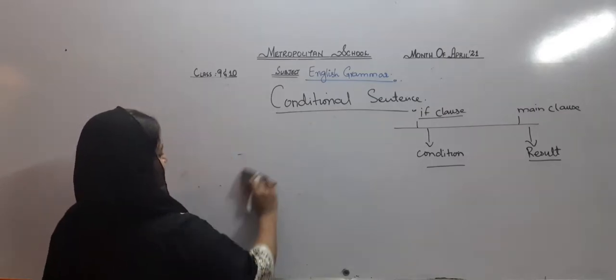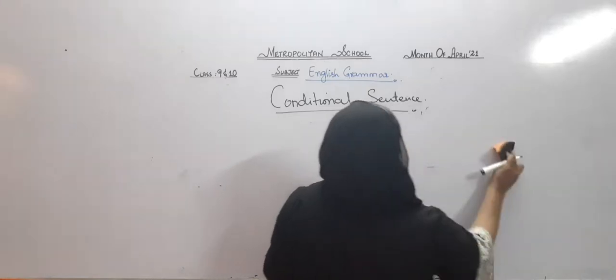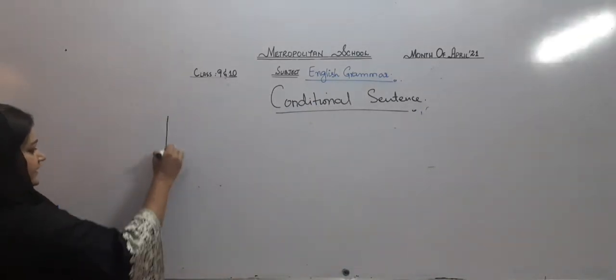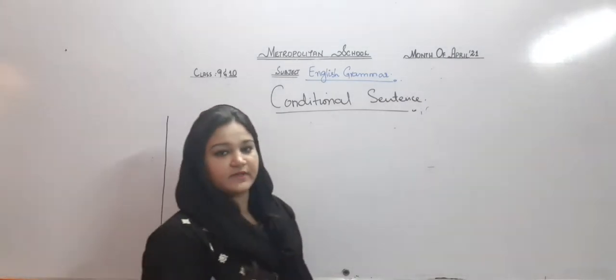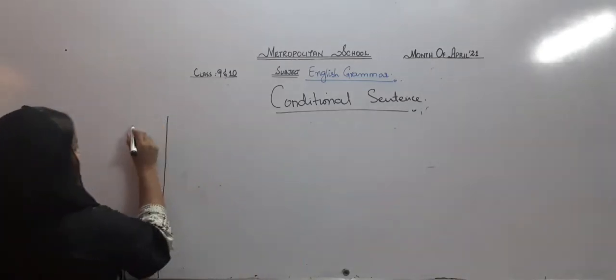Now I am going to draw a chart for your convenience so you can understand it very easily. As I have told you, we have 2 parts of a conditional sentence. First one is a condition and the second part is a result.